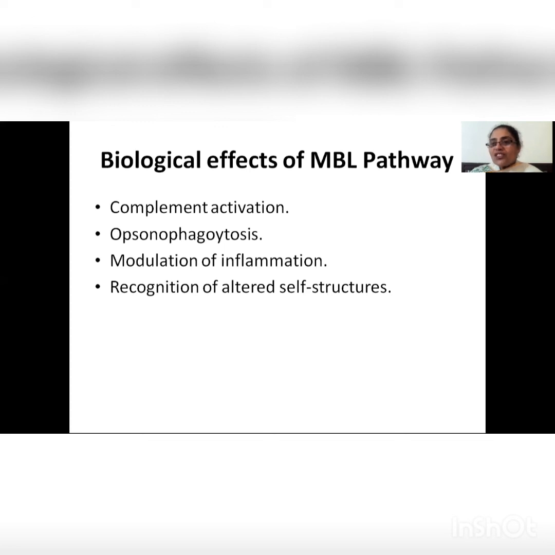Opsonization is immobilizing and facilitating the clearance of the infective organism, while sometimes they directly hand over what they have attacked to macrophages and dendritic cells to initiate phagocytosis. So the MBL pathway can hand over the infective organisms, pathogens, to macrophages and dendritic cells, and thus initiate phagocytosis.